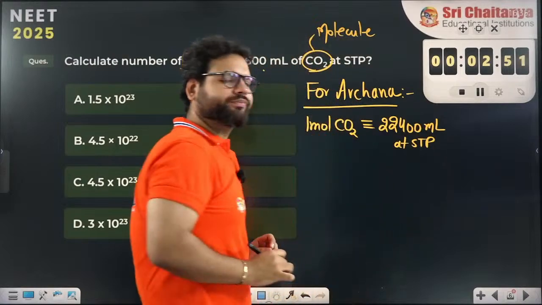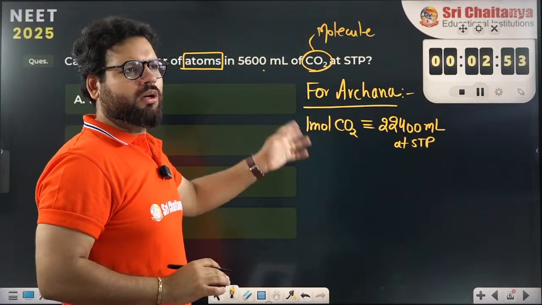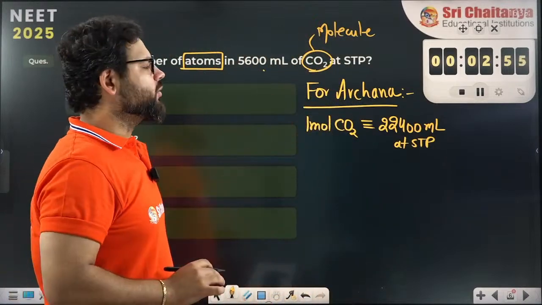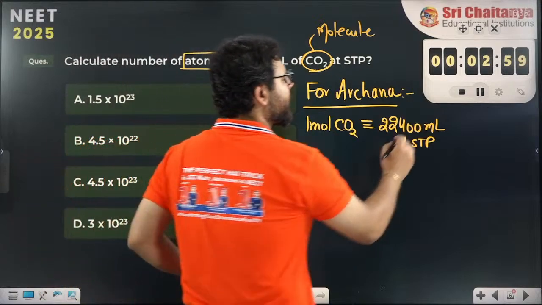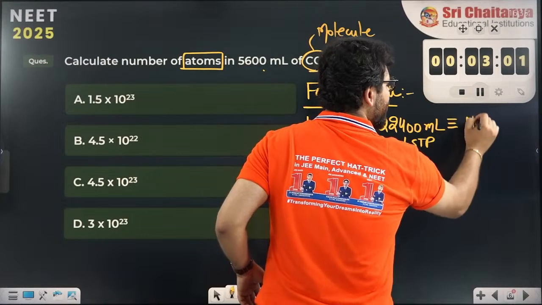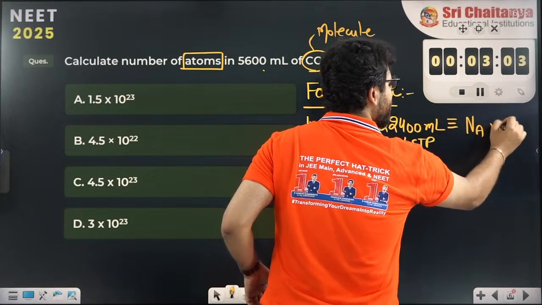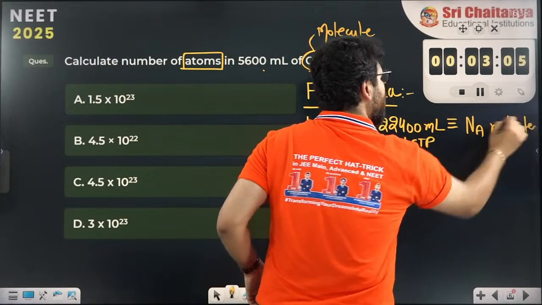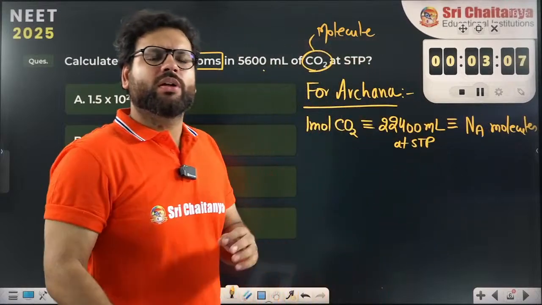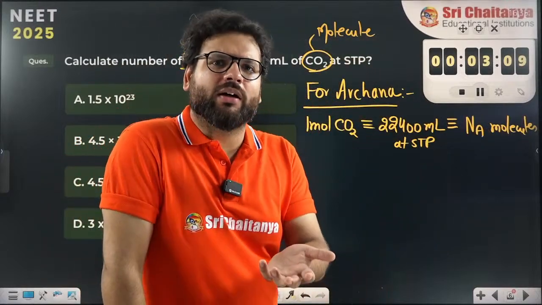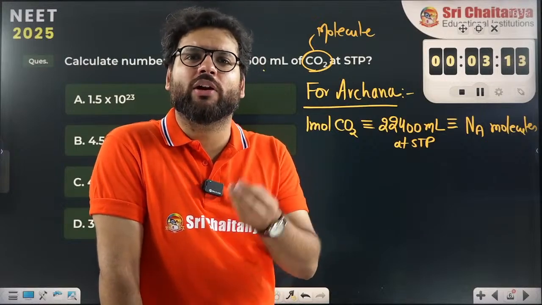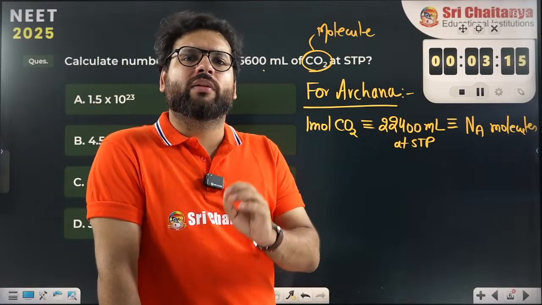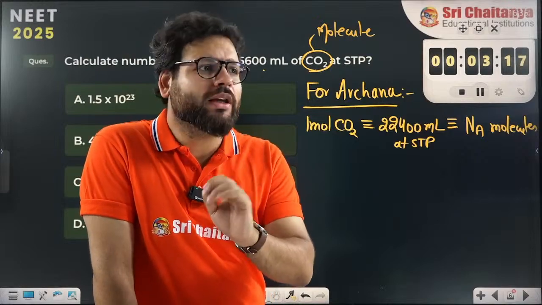This is the volume. 1 mole contain Avogadro number of molecules, not atoms. CO2 is a molecule. So 1 mole of CO2 will contain Avogadro molecules.